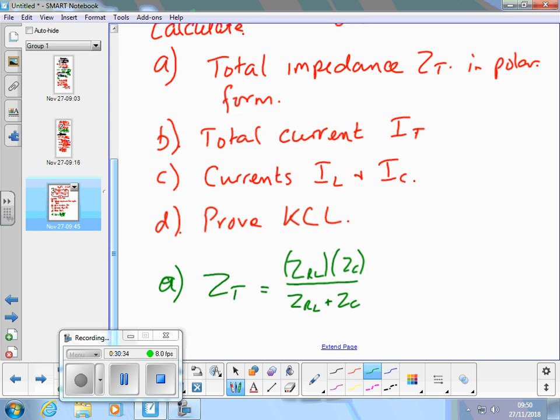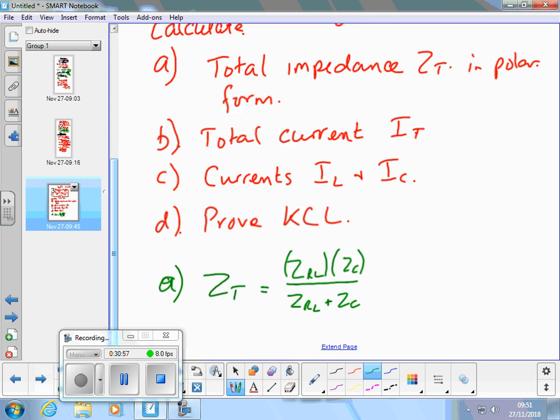You've got them in rectangular form, haven't you? Because you've got XL, XC and R. That bottom line is going to be R plus XL minus XCJ.